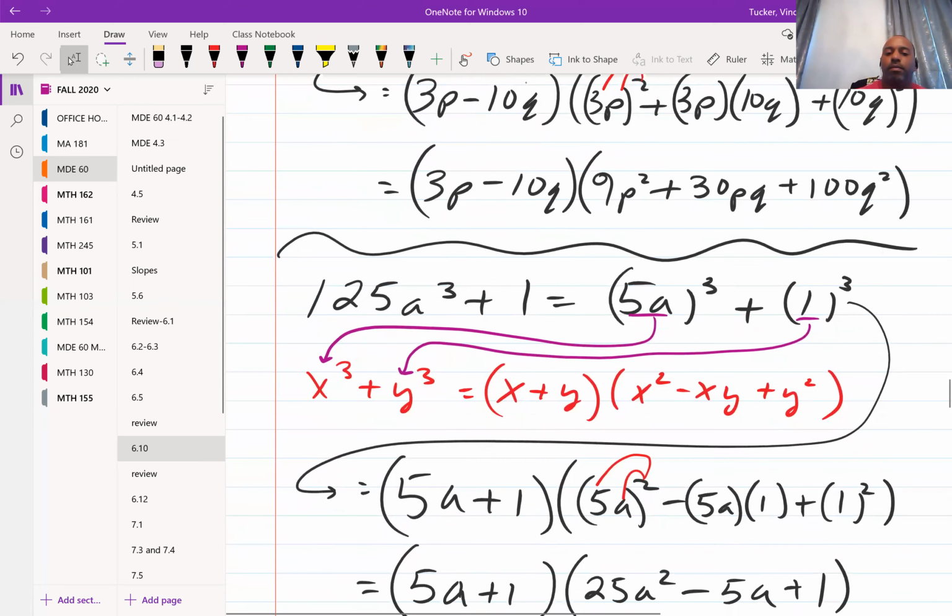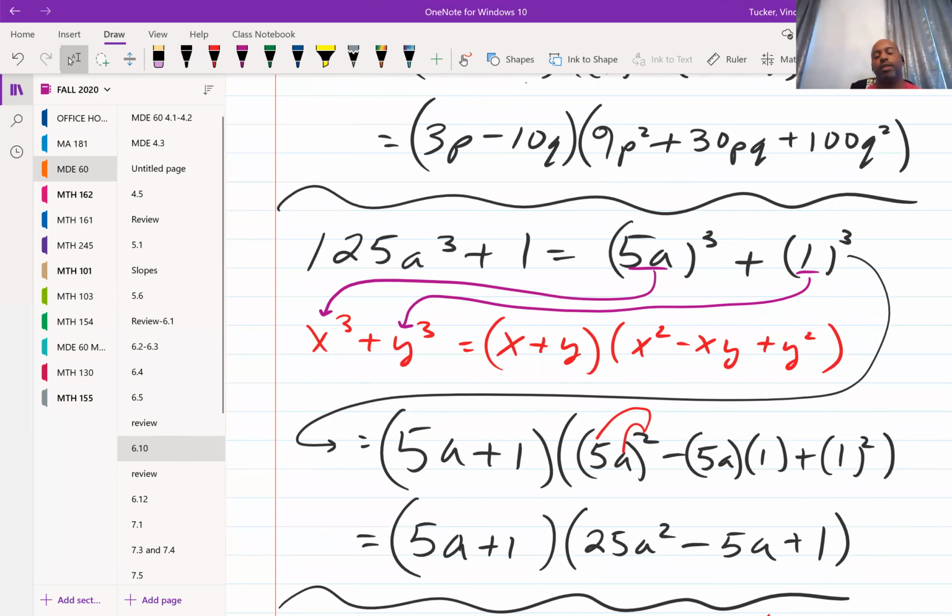All right. Go ahead and reduce, simplify. 5a plus 1, 25a squared minus 5a plus 1.